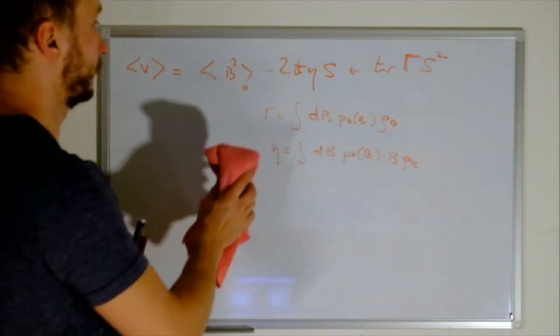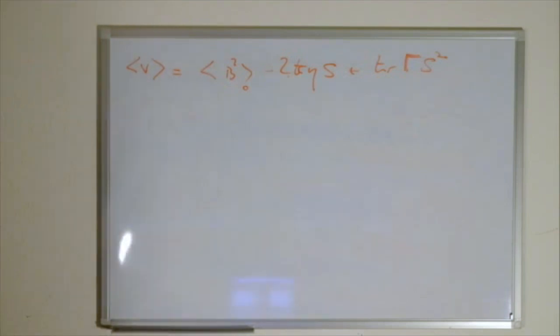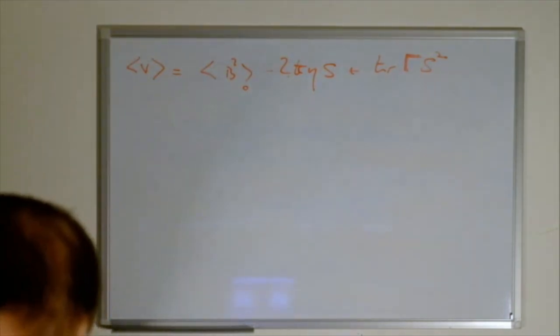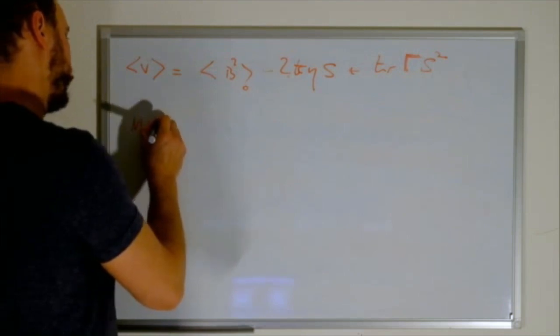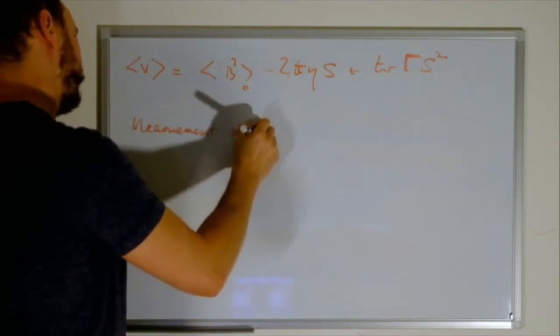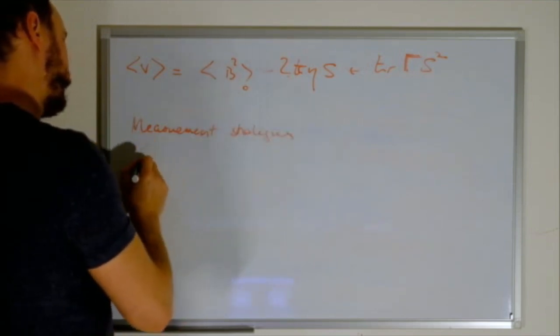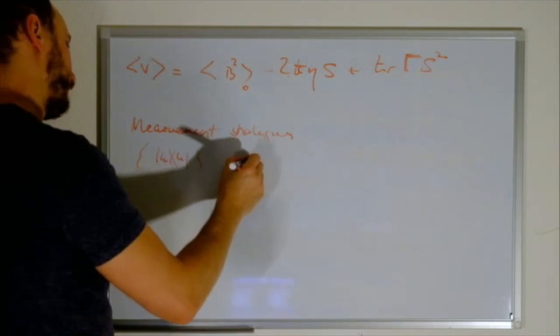Why? Because of the following thing. What do we want now? What do we care about? Well, what we care about is the minimum possible variance. So now we have all measurement strategies. Strategies are only captured by the basis choice, k, and the values, vk.